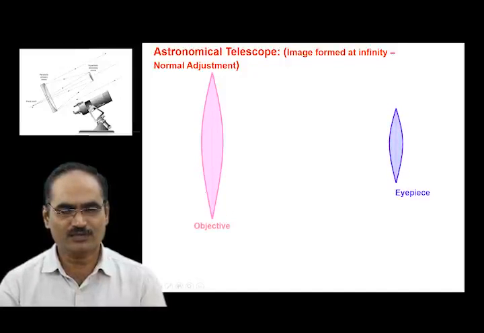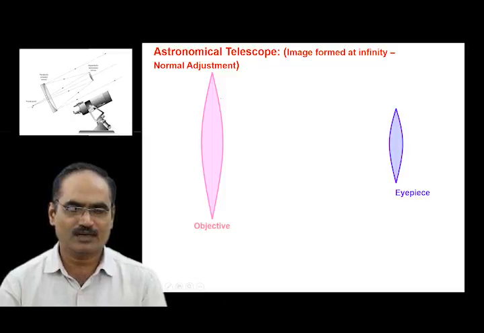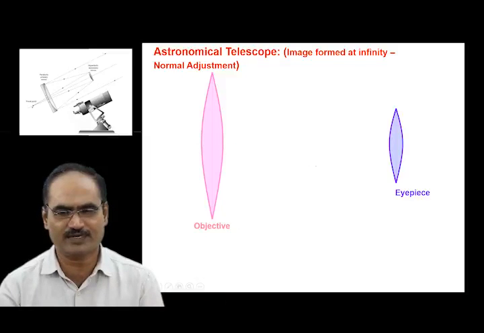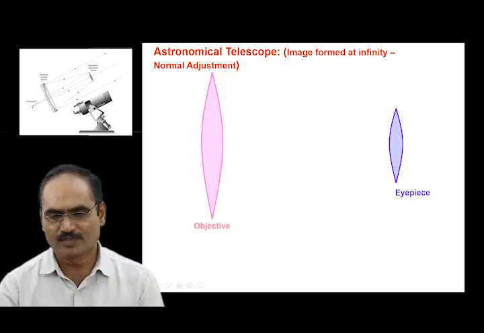In the astronomical telescope, there also we come across an objective and an eyepiece. One thing you must note is that the objective must have a large aperture so that it gathers as much light as possible and forms a highly intensified and highly magnified image. The eyepiece is moderate, with a shorter focal length.